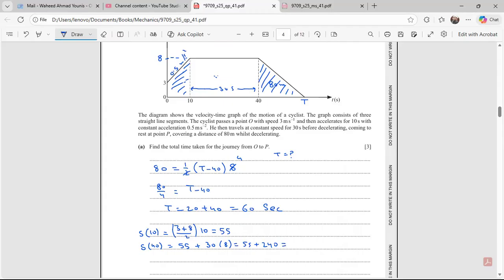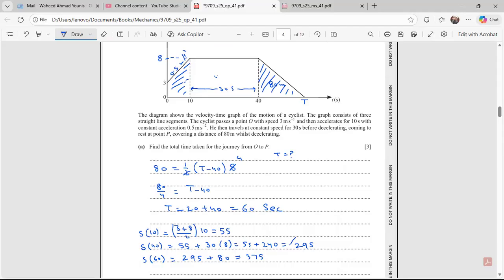So it is 240 plus 55, that is 295. And the distance traveled at 60, which is T, is this distance, which is 295 plus 80, right? The distance traveled while he was decelerating. So plus 80 gives us 375.